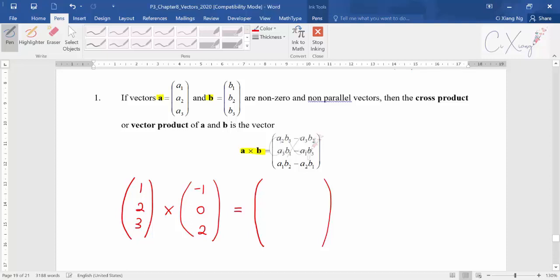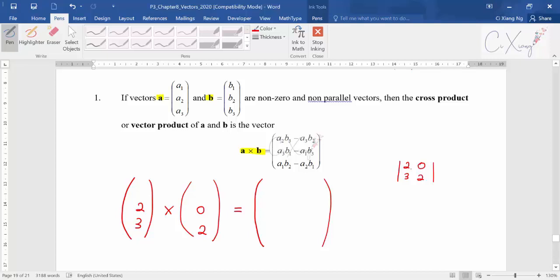Now for the first component x, you cover off the x component in the two vectors, and then you just focus on the 4 remaining numbers here: 2, 0, 3, 2, and you want to find the determinant. I don't know whether you still remember the matrix that you learned before; that's something we call the determinant. Generally it is like this.